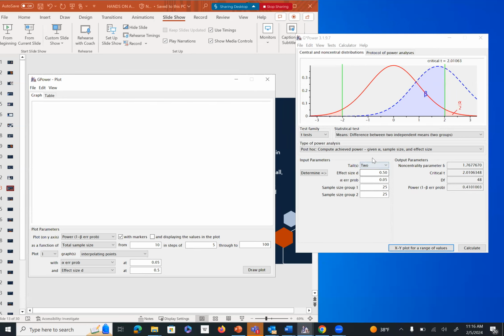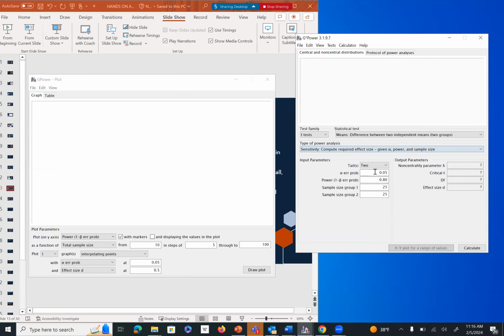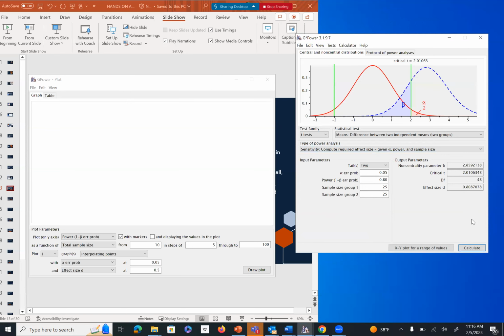So for example, if I go back and look at a sample size of 50, and I say 80% power, how much effect size would I have? I would have a very small effect size.